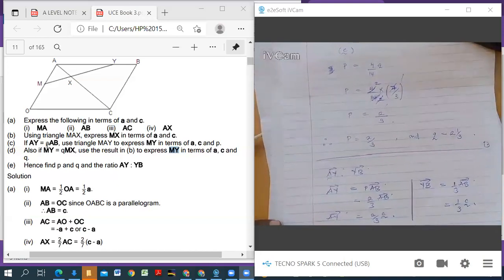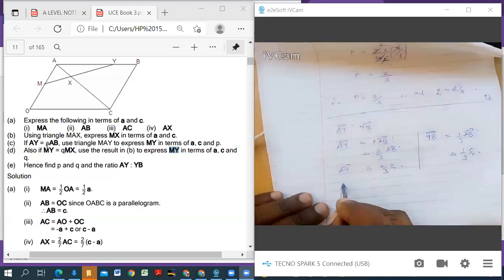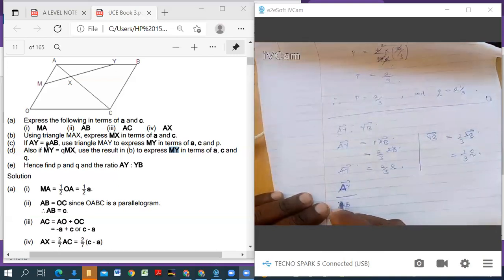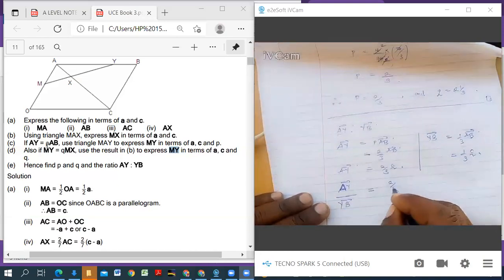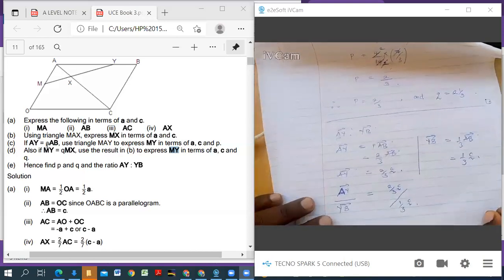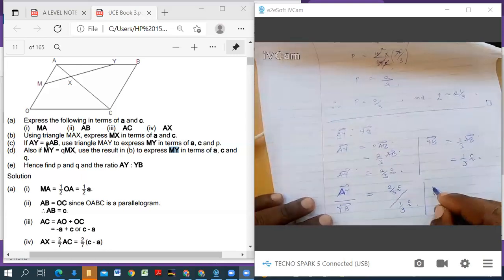So what is the ratio of AY to YB? AY divided by YB is equal to the answer of AY, which is 2 over 3C, divided by the answer of YB, which is a third C. So someone can say it is 2 over 3C divided by a third C, isn't it?